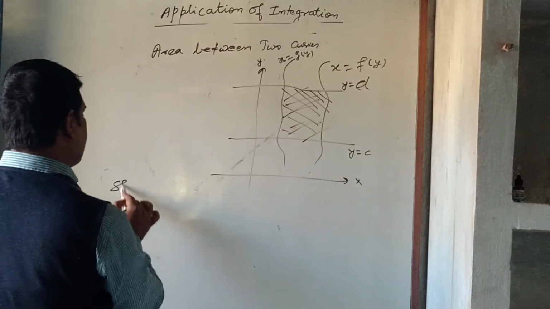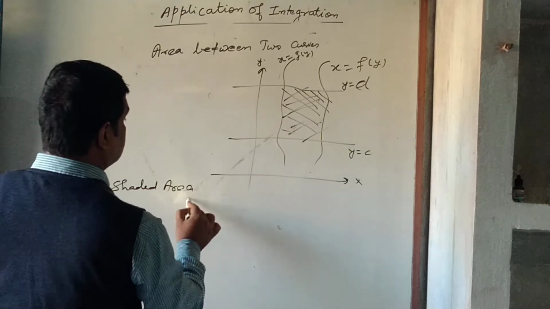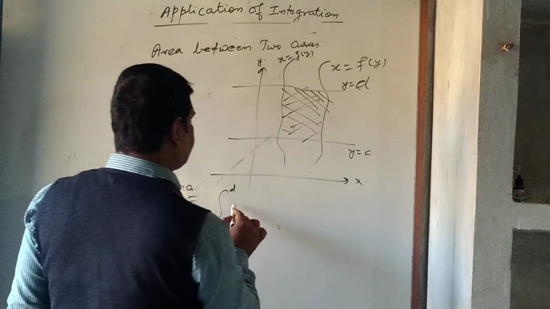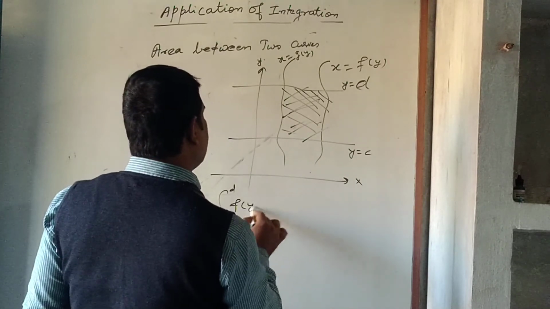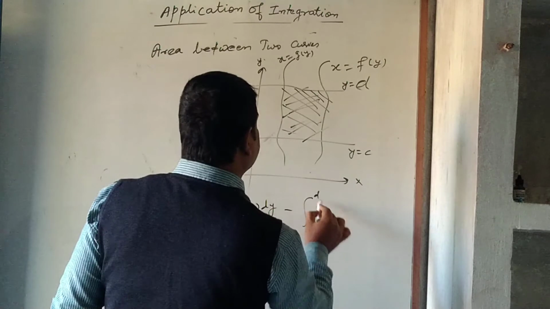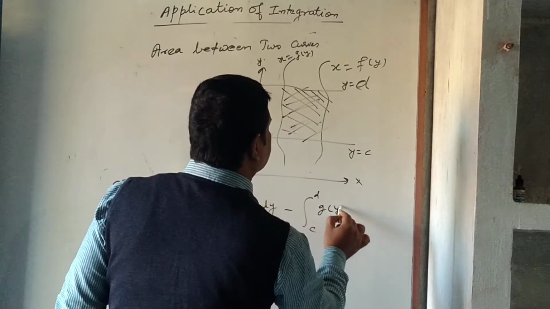So the required area will be integration limit varies from c to d f(y) dy minus integration limit varies from c to d g(y) dy.